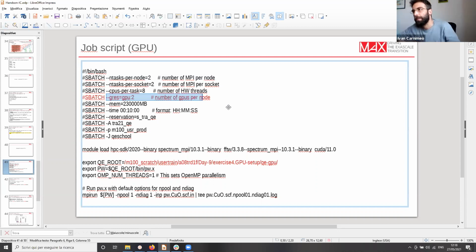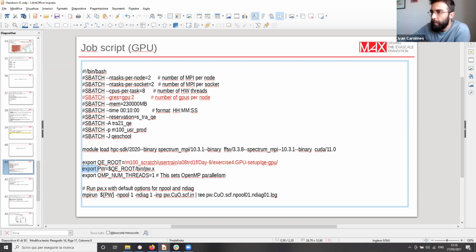So in the architecture here each node is provided with 4 GPUs, but each of you will use 2 of them because otherwise there is no room for all other people. So we will ask 2 GPUs per node, and for this reason, we will be using 2 MPIs for 2 GPUs. So this is the main thing to keep in mind.